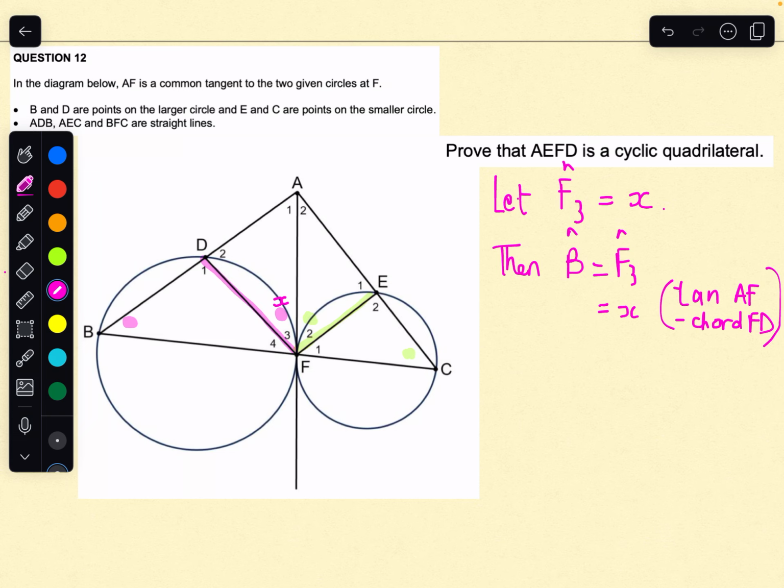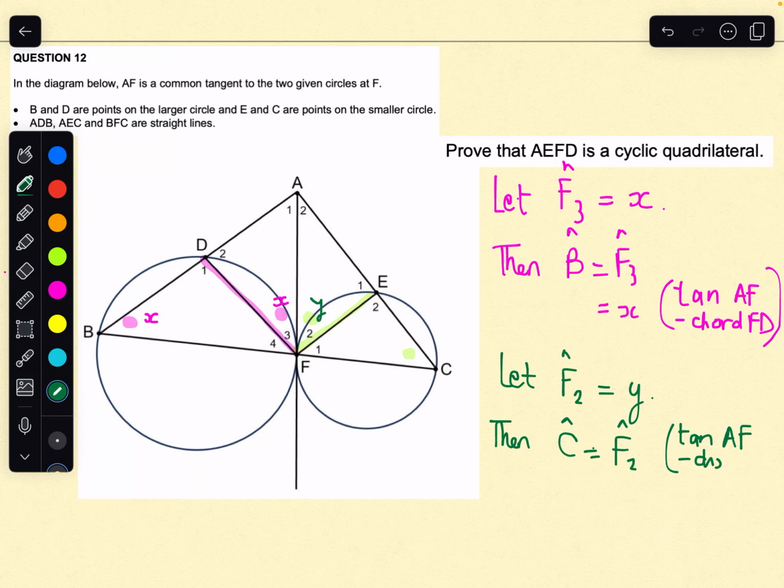So this is also x. And then if we let F2 equal y, then similarly we have angle C is equal to angle F2, which is the tangent, because of tan chord, so the tangent AF again, and the chord now is EF. So that means C is also equal to y.